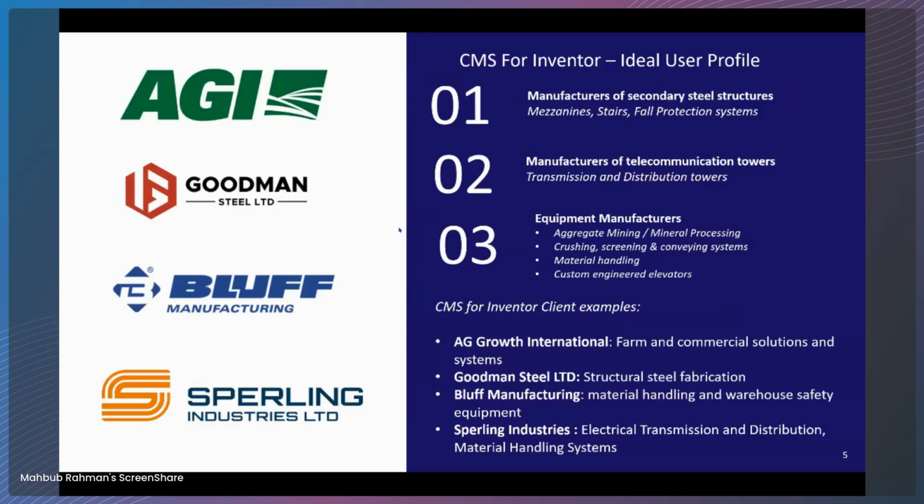But when it comes to secondary steel structures, like mezzanines, fall protection systems, and staircases, those are the ones you create in Inventor, and we can quickly convert those to NC1 files. We have been working with transmission and distribution tower manufacturers, and also equipment manufacturers.